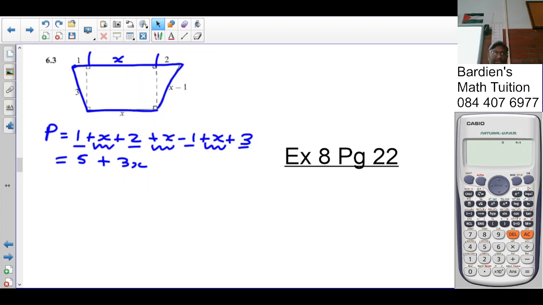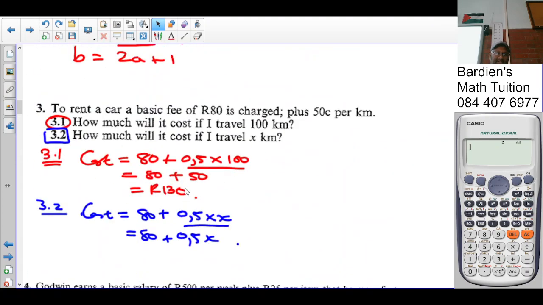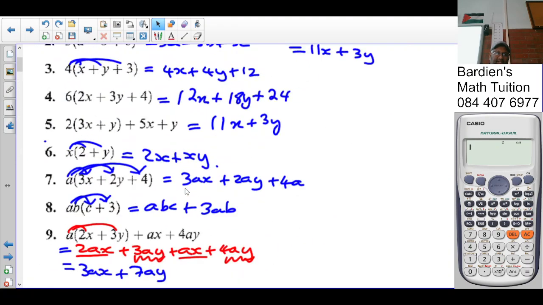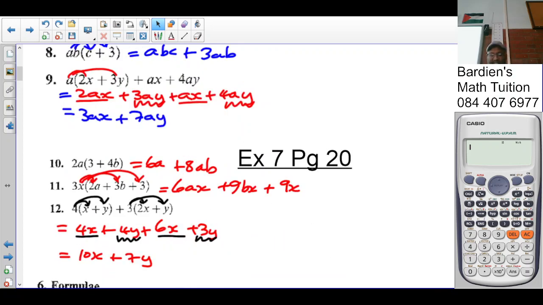So at this point we close this chapter on Introduction to Algebra. I'm going to the last exercise.